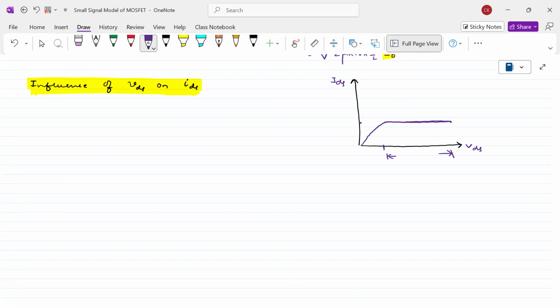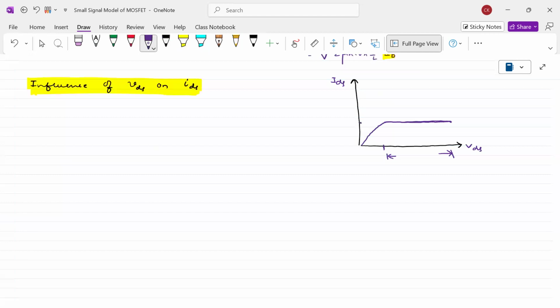When the device dimensions get lower and lower, the channel length gets smaller and smaller, definitely the second order effect, channel length modulation, will come into the picture, undoubtedly. So under that condition, for a small change of VDS, we have to find how it will influence the current.